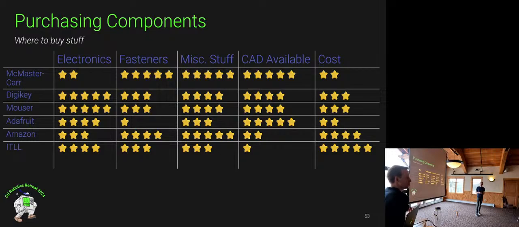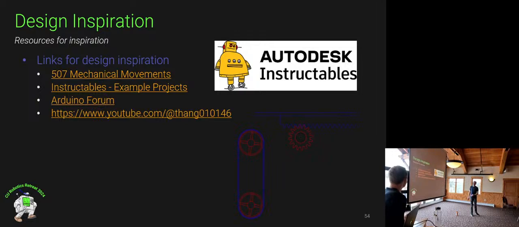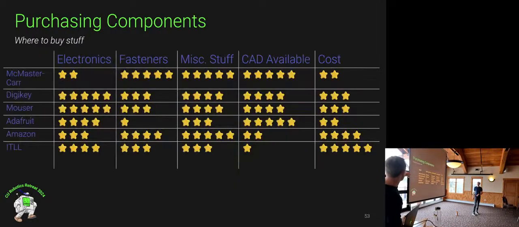And modules too, because you can get PCBs that you can test out immediately on day one, and every single board has a library of code associated with it. And then the ITLL, for people who don't know, there's a lot of free stuff you can get at the ITLL. If no one sees you, take it. All right, can you go back real quick? The really cool thing is that McMaster, for example, has all of the STEP files available.